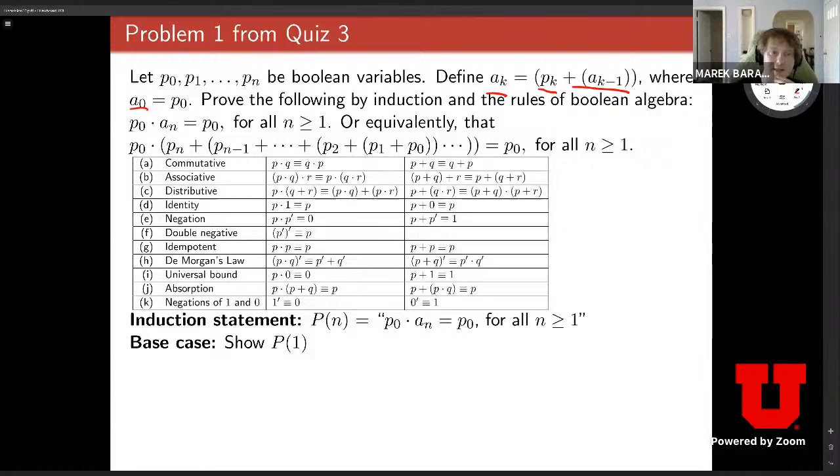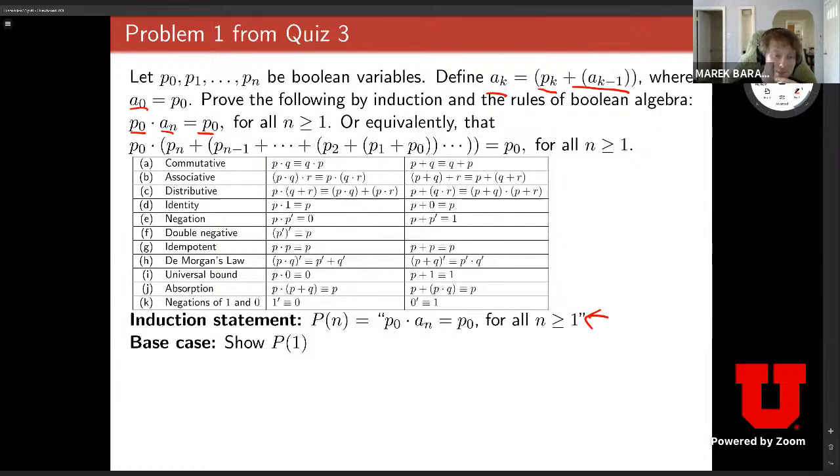We're proving by induction that p0 times an equals p0 for all n greater than or equal to 1. We already filled in the induction statement, so you just need to show the base case.